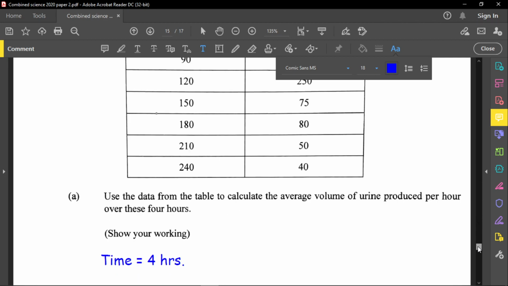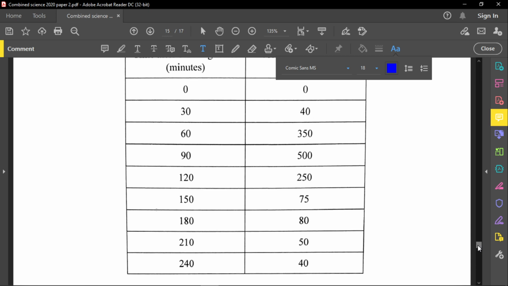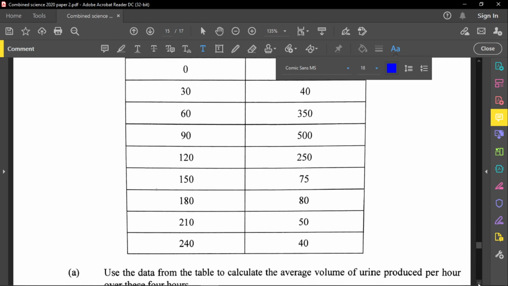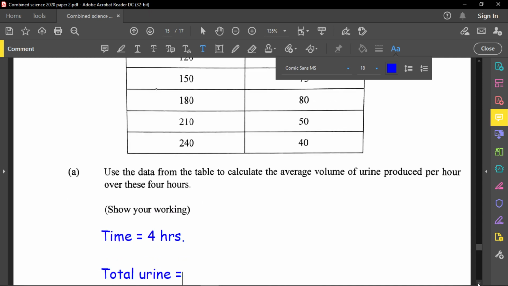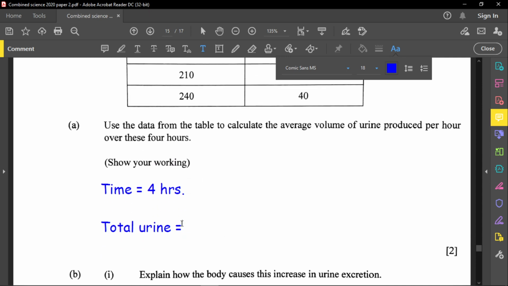If you add 40, 350, 500, 250, 75, plus 80, plus 50, plus 40, that gives us a total of 1,385.